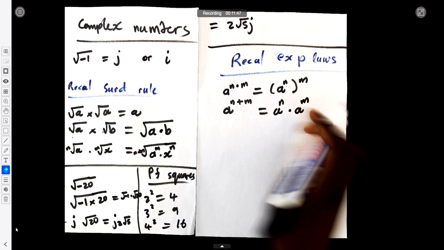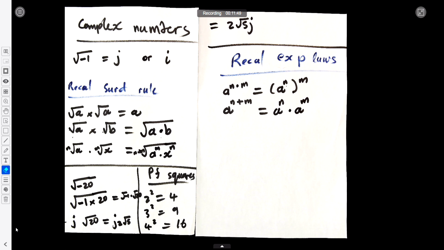If the bases are the same, we add the exponents. That is the rule. So if you see addition, just know that you can have multiplication of similar bases with different powers.